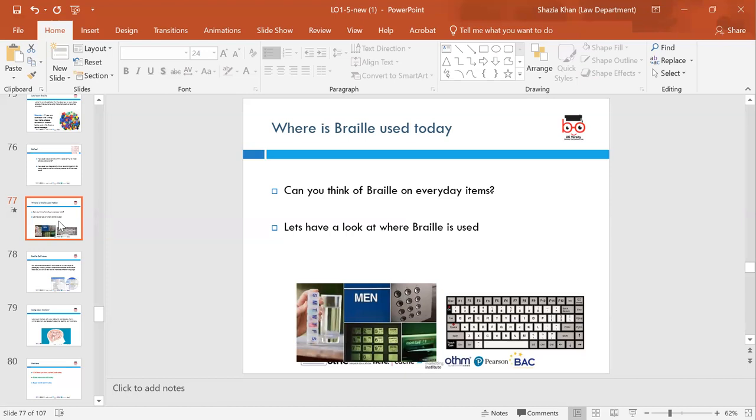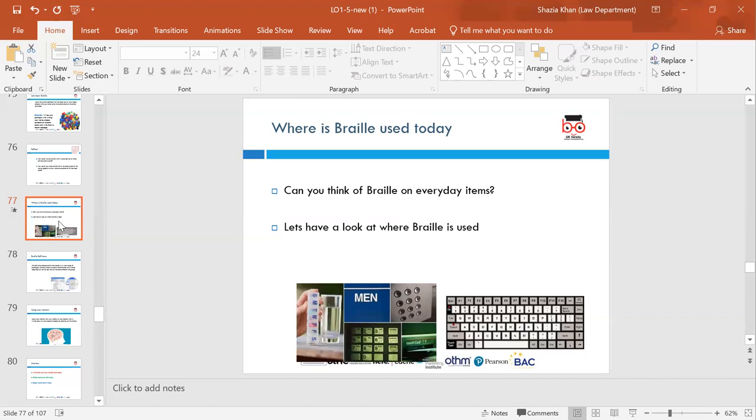Public signage. And you can find it everywhere, in lifts, on cash machines, on keyboards. You can find Braille everywhere in offices, and it is currently used by 6 million blind people around the world. And it's growing every time.